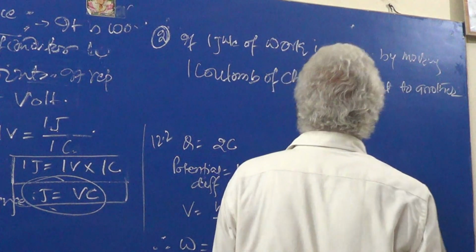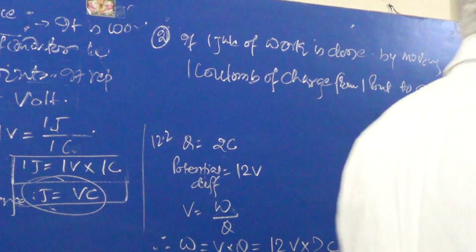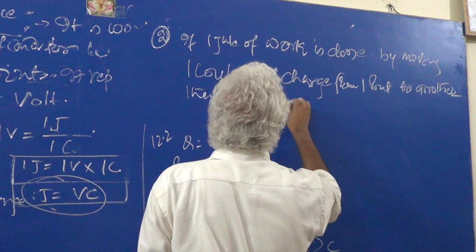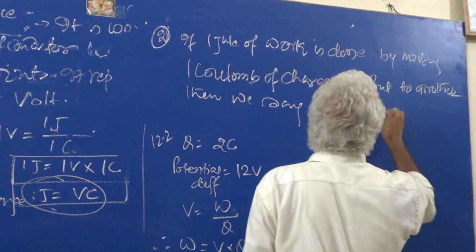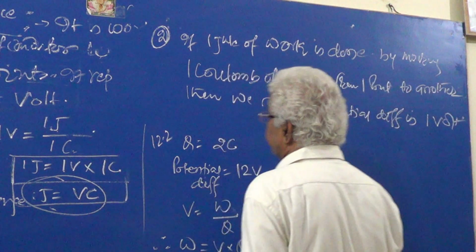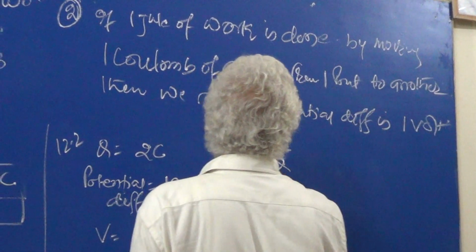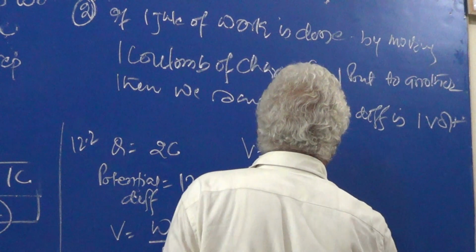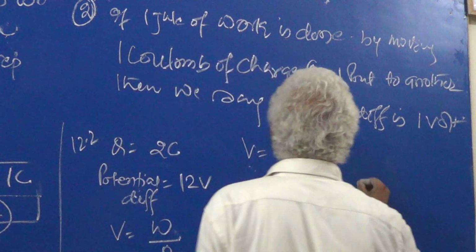Then we say the potential difference is 1 volt. Now you have to derive this from V equal to W by Q. So when will it be 1 volt? When 1 joule of work is done by moving 1 coulomb of charge from one point to another, that is equal to 1 volt.